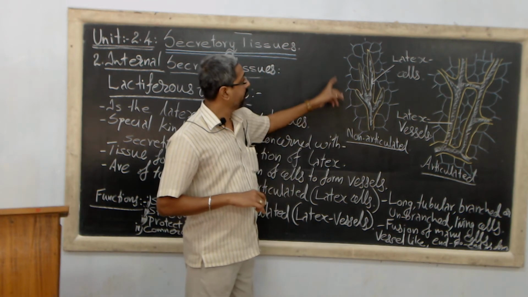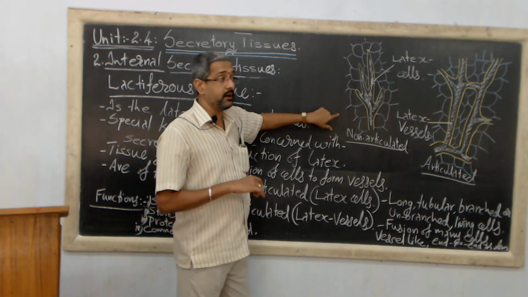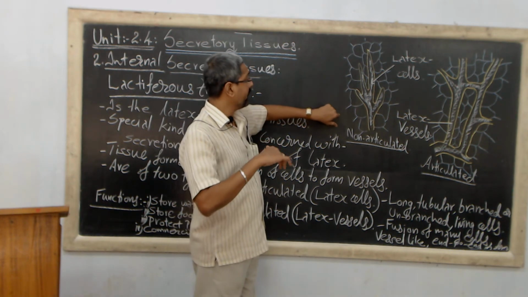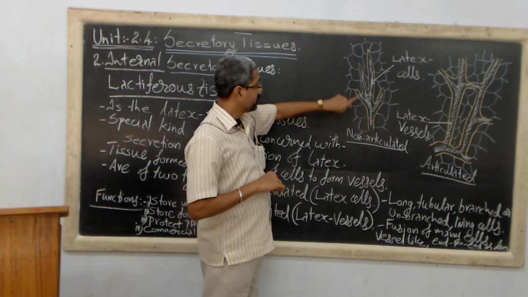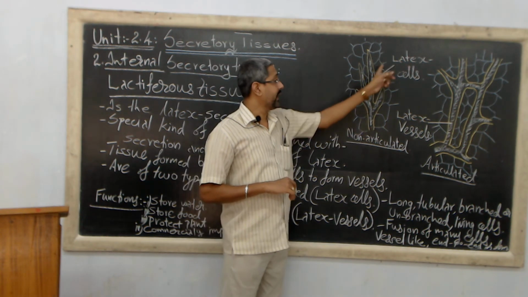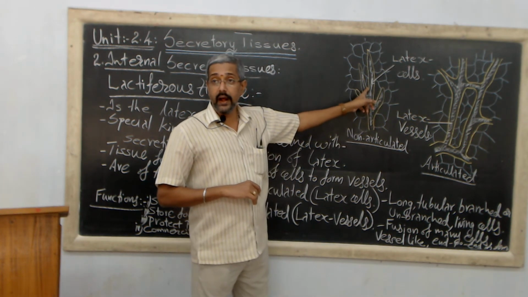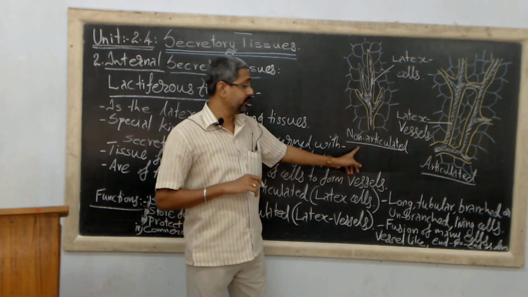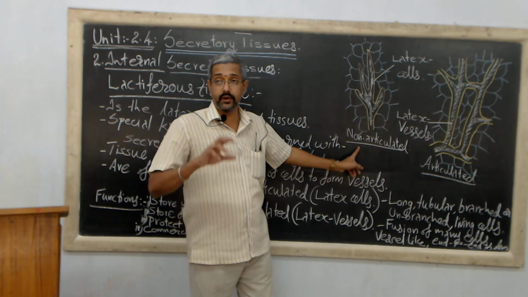Non-articulated means that in between the cells, internal to the epidermal or hypodermal level, in the internal tissue of the plant body, there are tubular branched structures which possess latex, and they are called latex cells. Such a type of laticiferous tissue is called non-articulated laticiferous tissue.